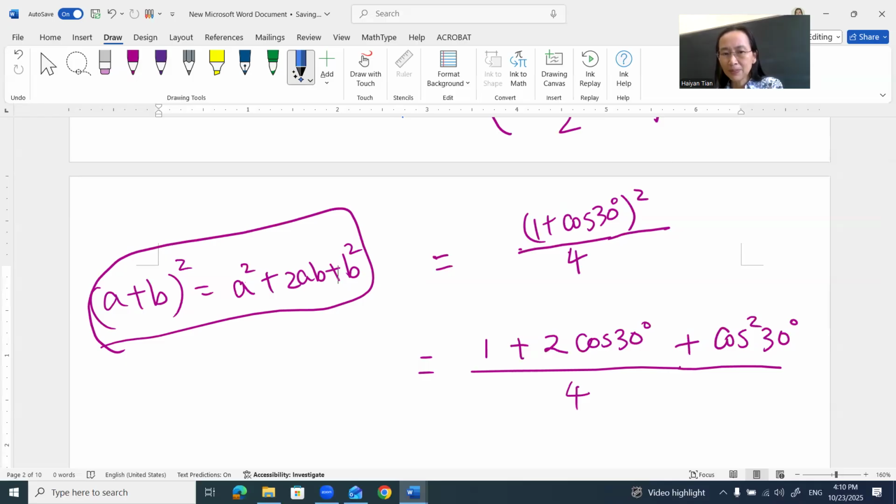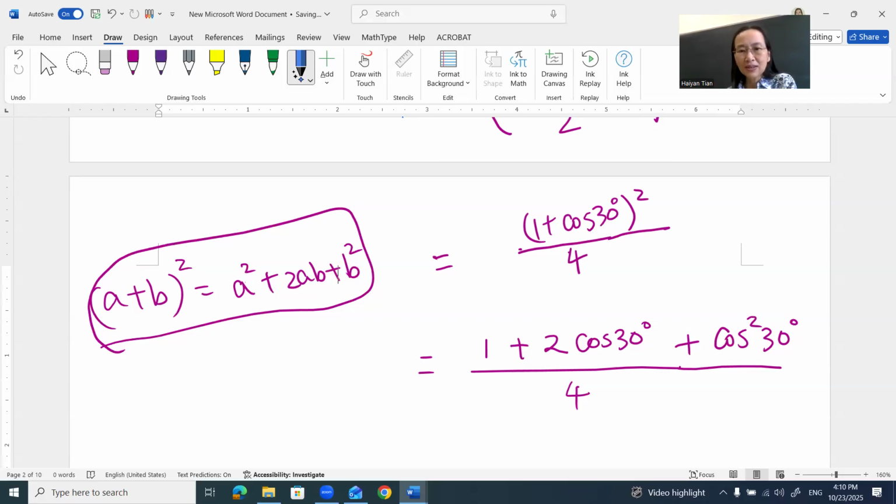And then plus twice their product, 2 times the product of 1 and cosine 30. And plus the second quantity squared, so cosine 30 squared.